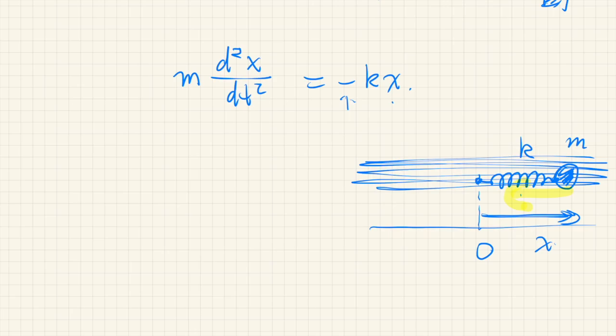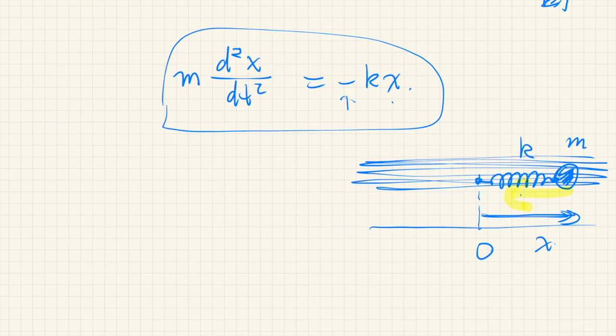So how can we solve this equation? First, let's divide both sides by m. So we have this. Let's move this and define this k over m, which is a positive number, as omega squared.